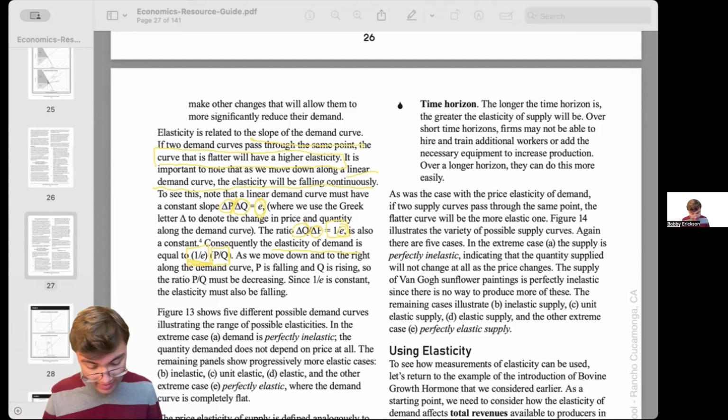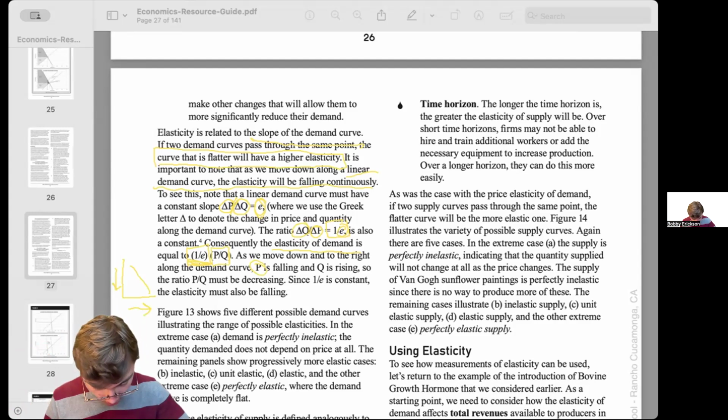And so if we continually move down, we see that P, the price here, decreases and the Q increases. So the ratio between P and Q, if this lowers and this rises, is going to be a lower number.